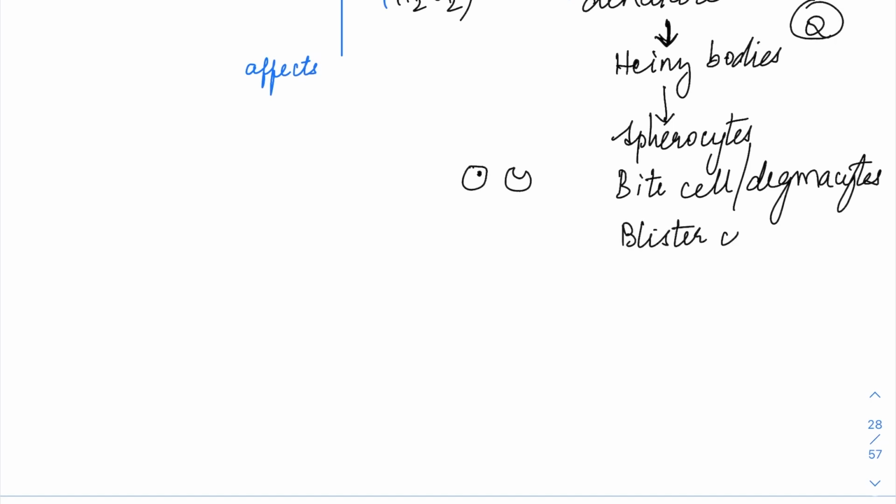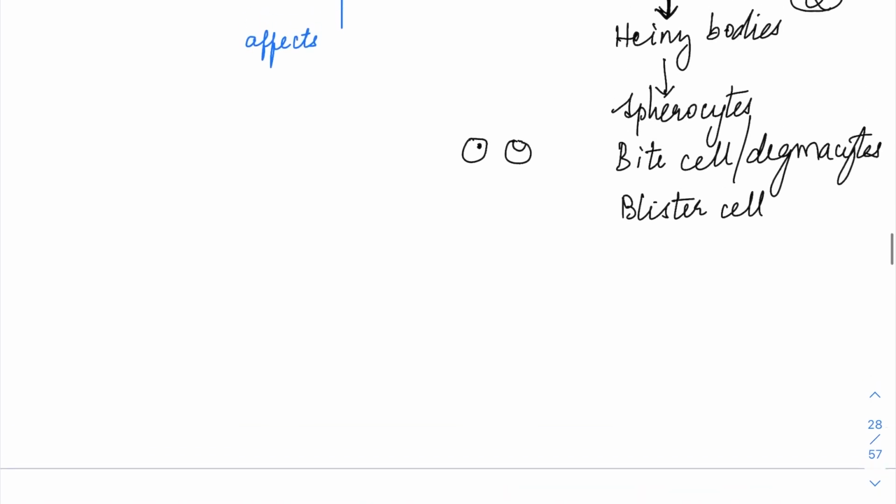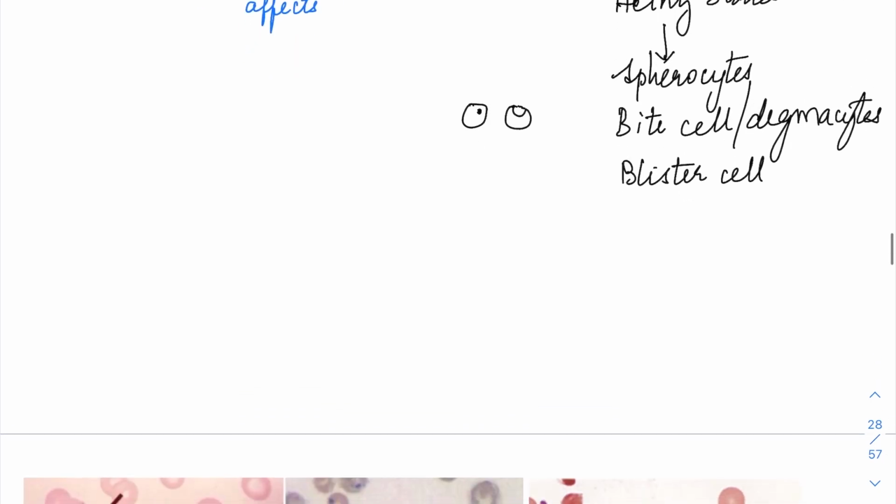There is also blister cell formation, where the same defect will be there, but there is an intact membrane covering it. So it appears as if there is a skin blister. So blister cells can also be formed in this. All of this is going to cause repeated cycles. It is going to cause spherocytes and Heinz bodies, and they are going to cause extravascular hemolysis in the spleen.